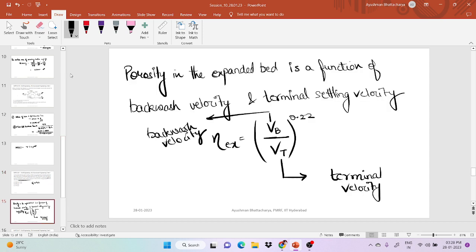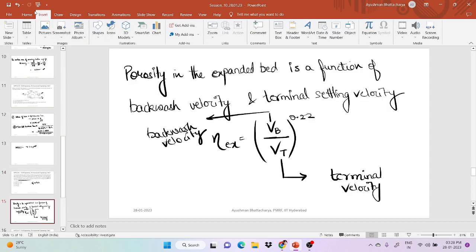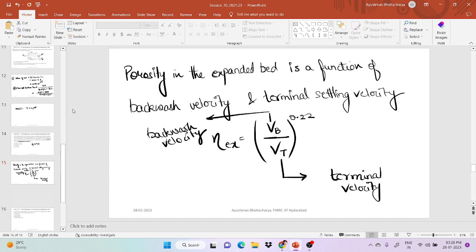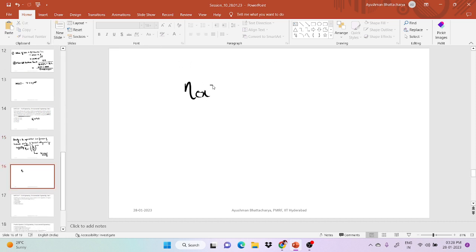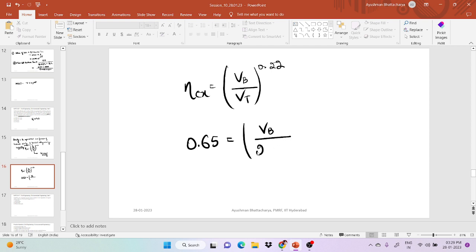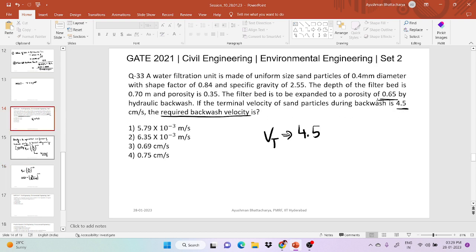So if we use this formula, then porosity of the expanded bed is equal to (Vb by Vt) raised to 0.22. Now we know the porosity of the expanded bed is 0.65 and the terminal settling velocity given in the question is 4.5 centimeter per second.